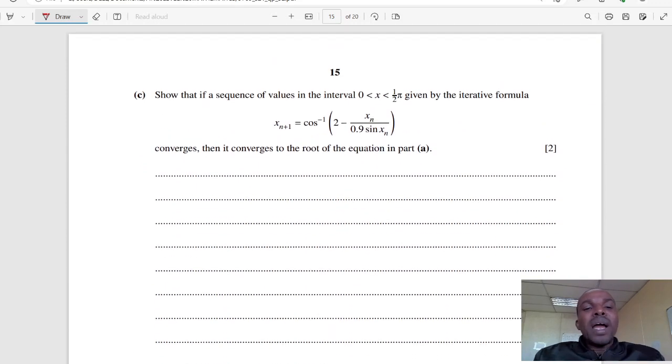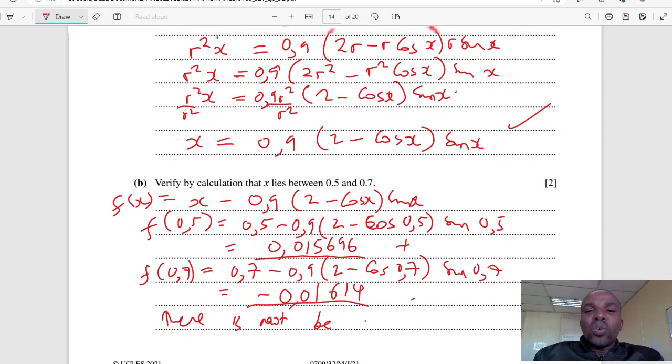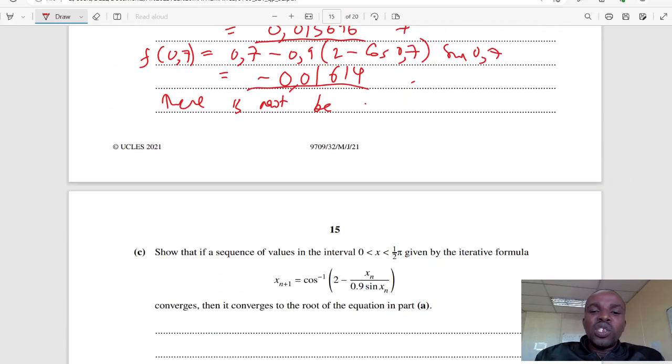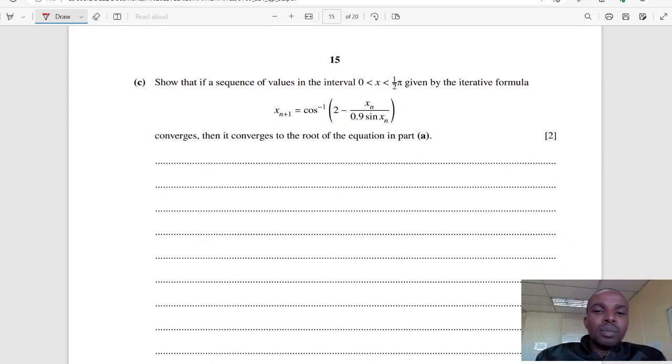Done. Then part C, show that if a sequence of values in the interval 0 to pi over 2, given by an iterative formula, this one, converges, then it converges to the root of the equation in part A. So you have to show that this equation reduces to this part. You have to remove n plus 1 and n and just maintain your x.